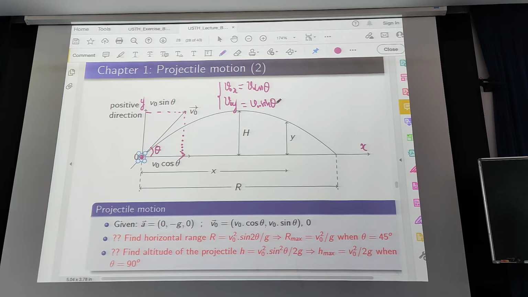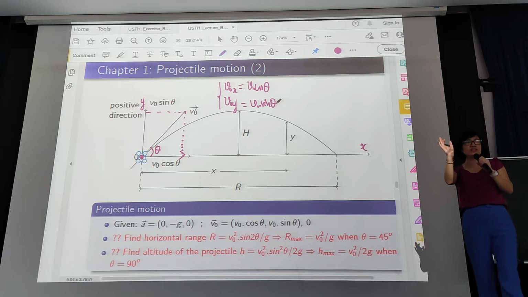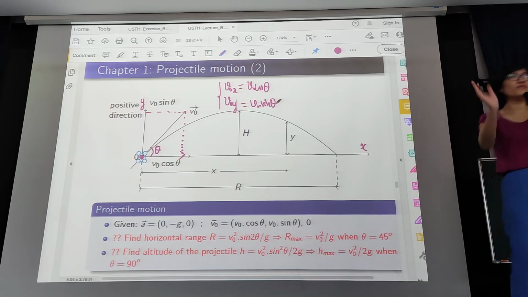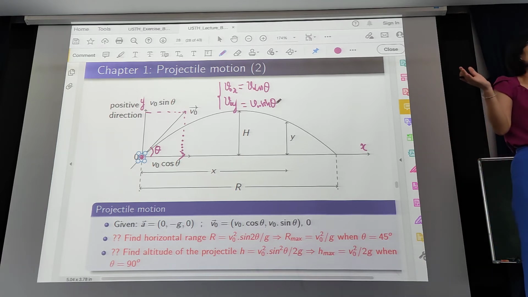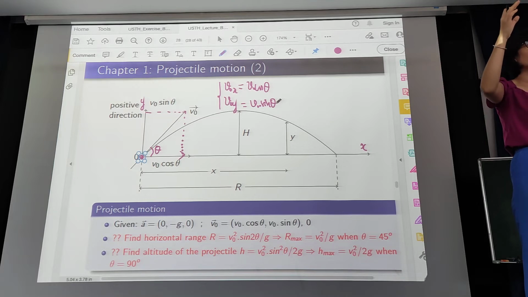Okay? So you project the object up and let it go, and you forget air resistance and all the other forces acting on the object except the gravitational force.